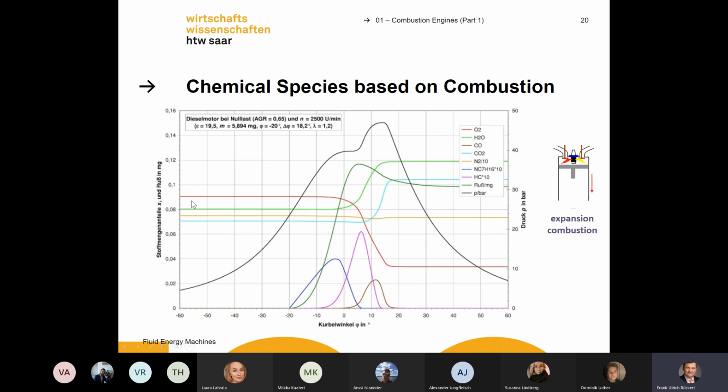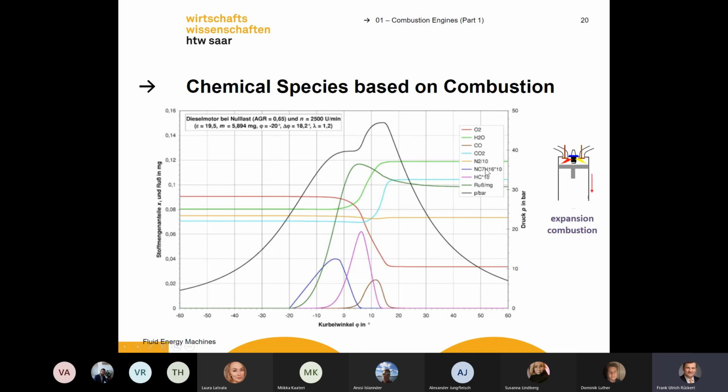Okay, and to characterize a combustion process, you can also have a short look here into chemistry. You see here, for example, the combustion process starts here, more or less, but it needs some time to start. Yeah, if you have your fuel injection, here is a fuel injection.